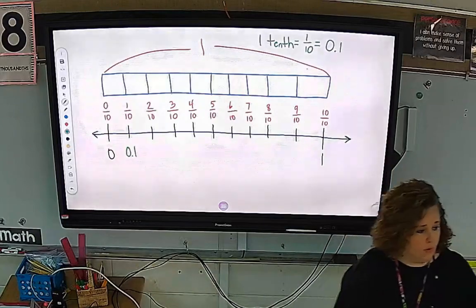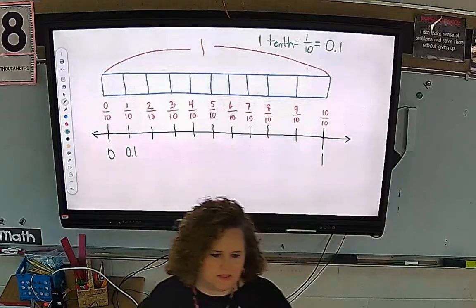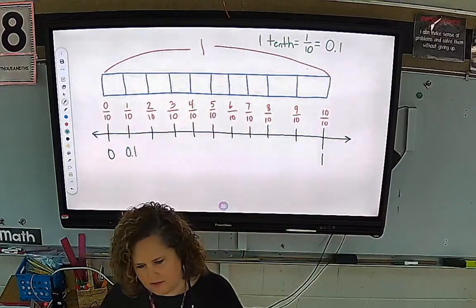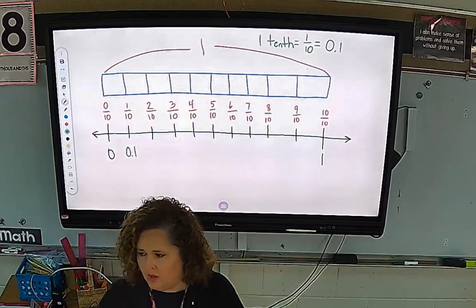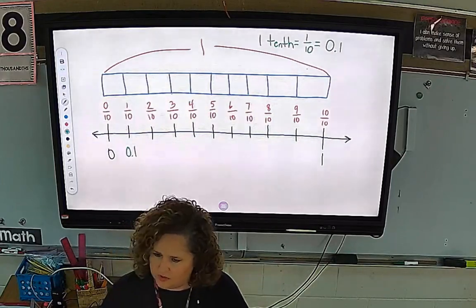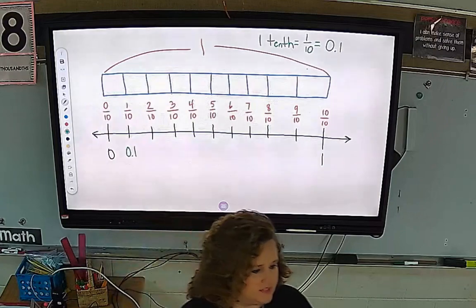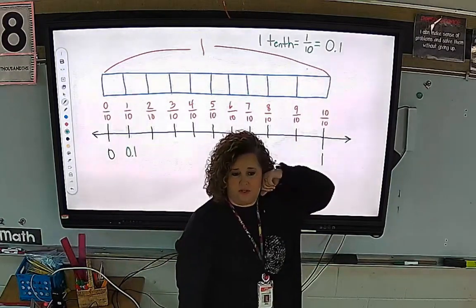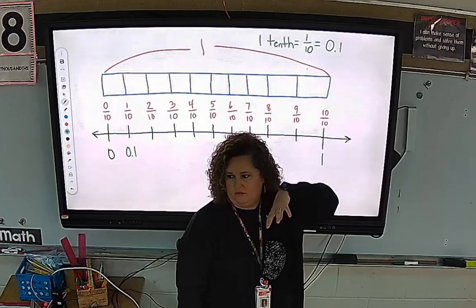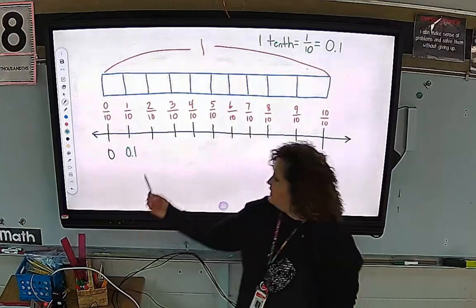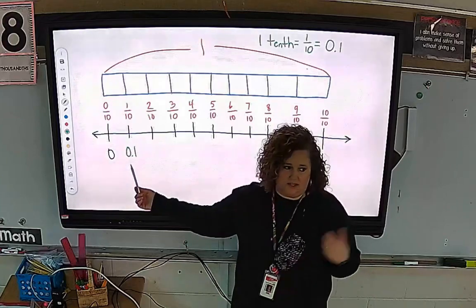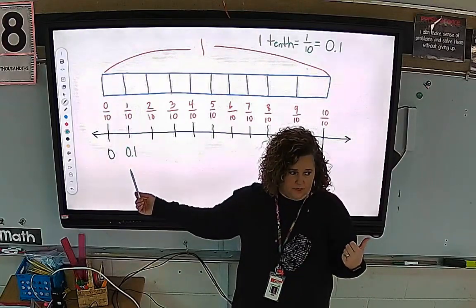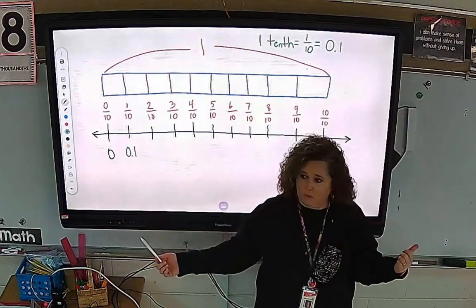We say 0.1 when we have that little dot. We don't call it a period like in English or reading class. We don't call it a dot, even though it is a dot. We say point. So that is 0.1, but it is also called a tenth. So this right here has two names. It's called 1/10, and it's called 0.1.